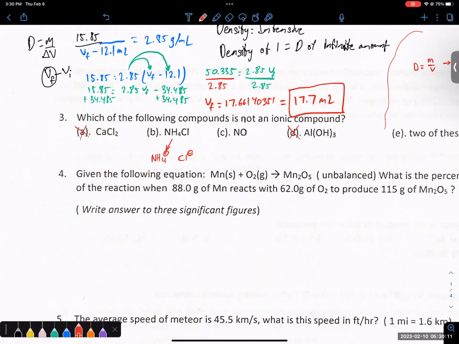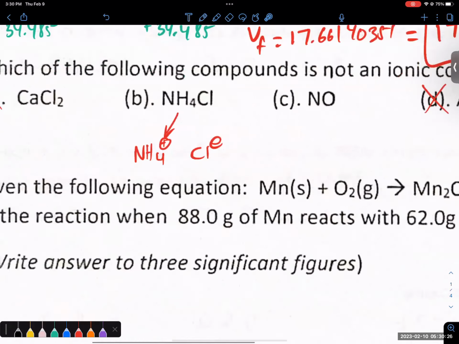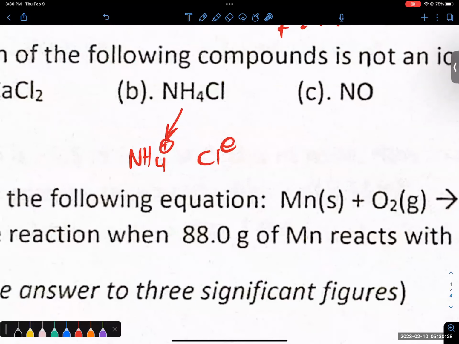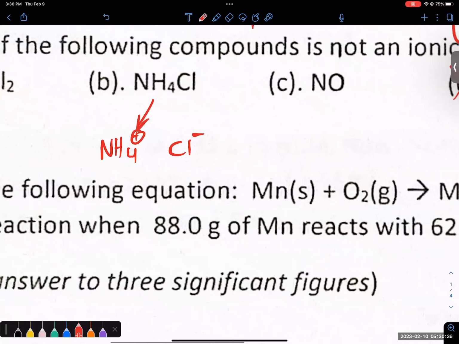Even though it's composed of only non-metal atoms, it's still ionic because it uses the charges to bond. It's not using covalent bonds, it's using electrostatic interactions. So that's a Cl minus. With that, C is the only one that is covalent.